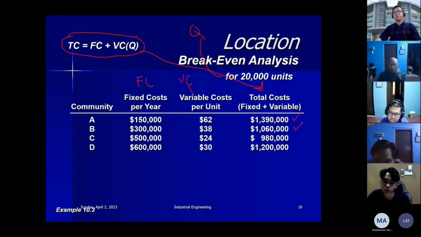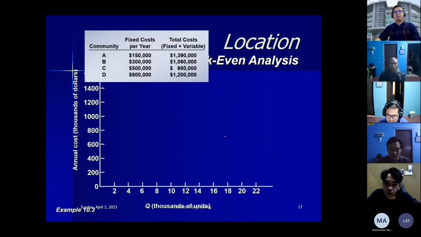Double check again, and you will get the number. This is very simple, just apply this formula first. And after you get all these, you have to plot a graph.